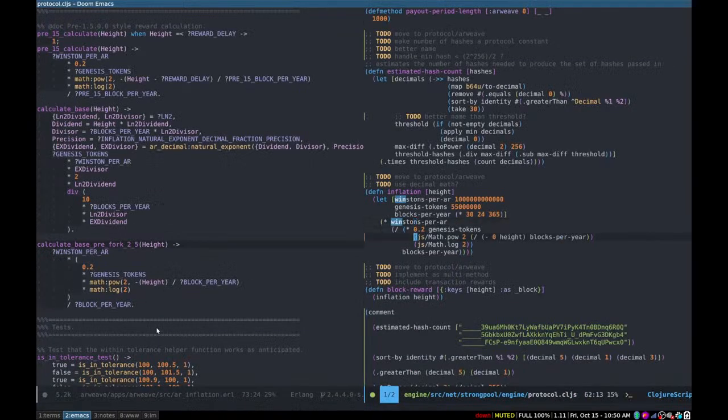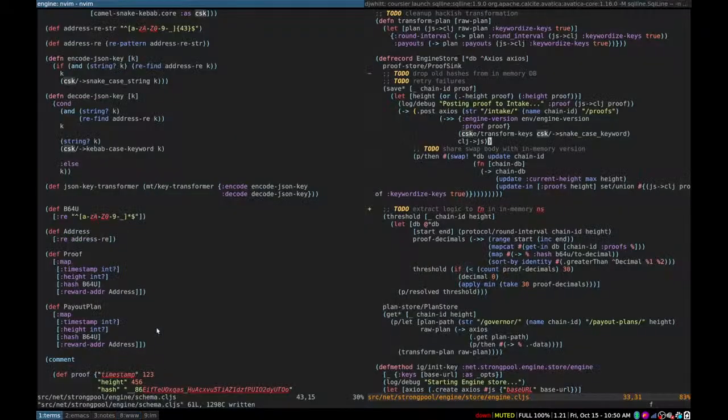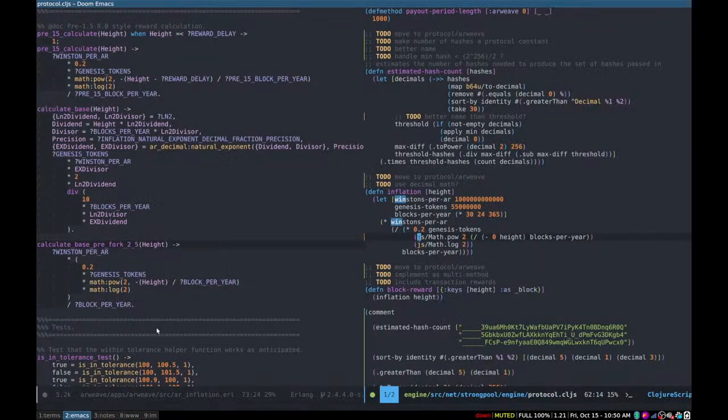So 0.2 times Genesis tokens, and that's just getting us, I think, the... okay, let's do that. So the Genesis tokens times 0.2, divided by blocks per year.